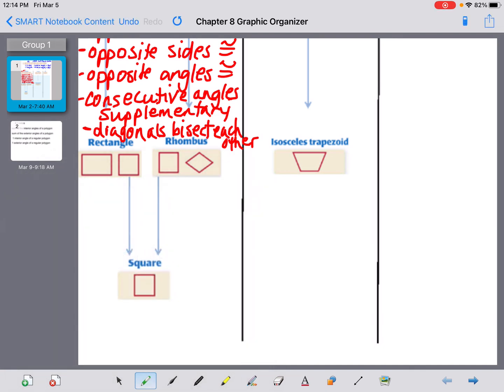What's special about a rectangle that's different from all parallelograms? They have 4 right angles. So all rectangles will have 4 right angles. And we also know that all the diagonals in a rectangle are congruent, both of them. Diagonals are congruent, and that's true for every rectangle.